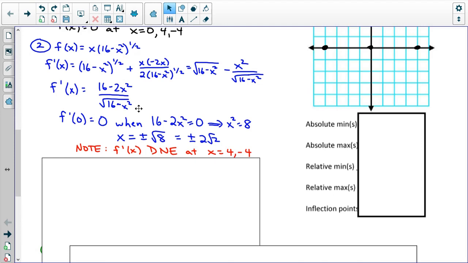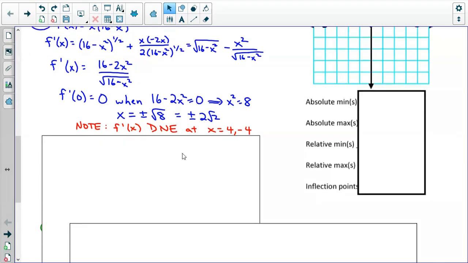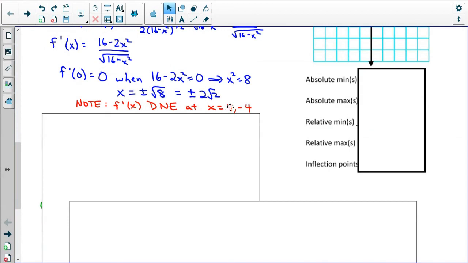But since the domain of the function ends at -4 and 4, I can't check for a sign change because there's nothing to the left or right of that within the actual function, and therefore it can't be a relative min or max at one of those points. It can be an absolute min or max because it's an endpoint, but we don't have to check for a relative min or max at those points because the domain ends. If the domain didn't end, we would have to check.